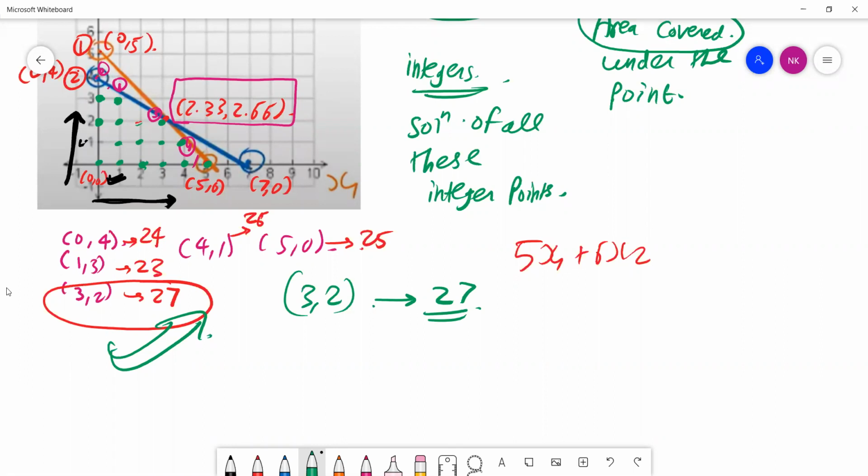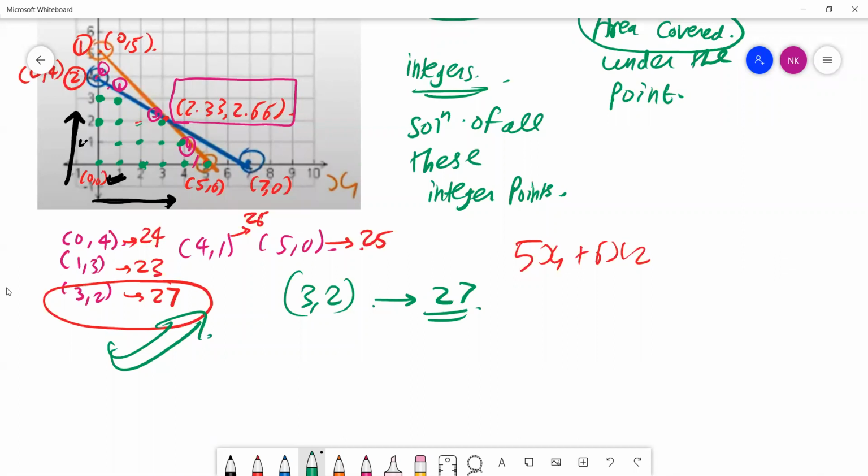We would be giving the justification that as I move from left to right, or from bottom to top, my values of the objective function get increased because the area coverage under that particular considered point is higher.